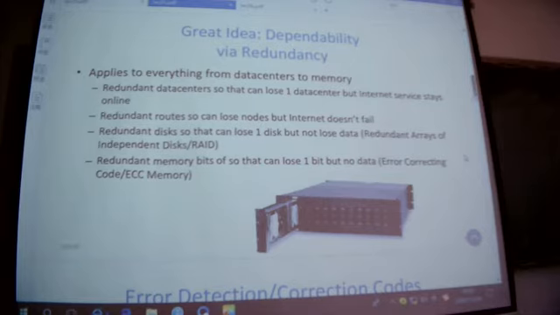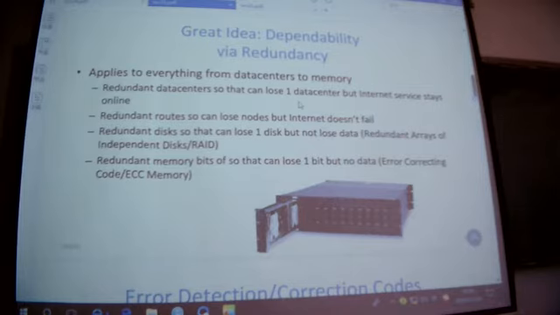Redundant data centers, so that we can lose one data center but internet service stays online. The internet is very useful because in cell phones, laptops, and computers, we can use the internet by Wi-Fi and Ethernet.